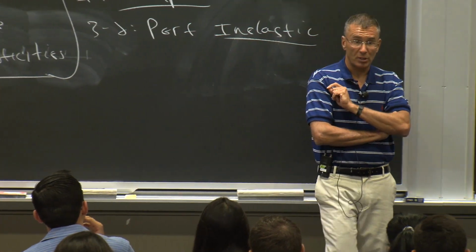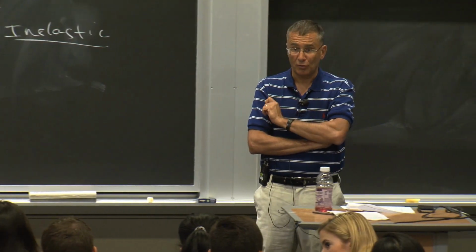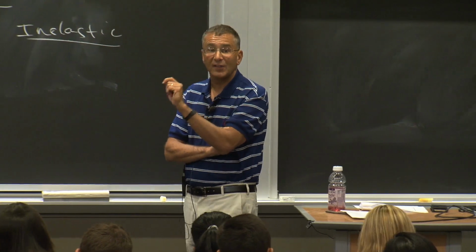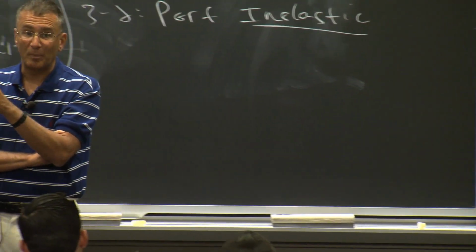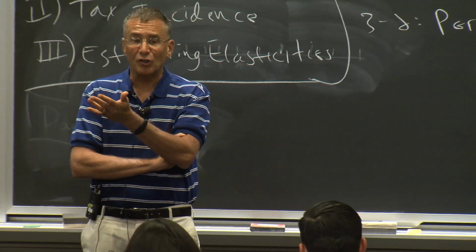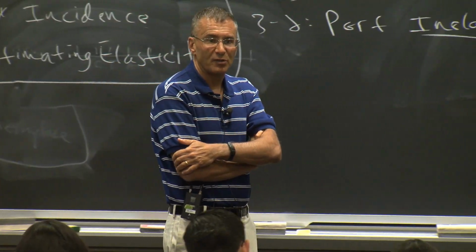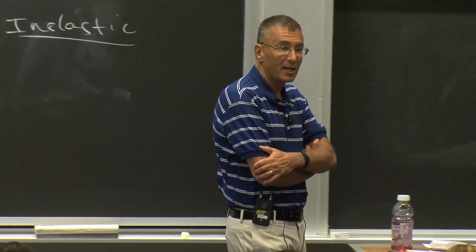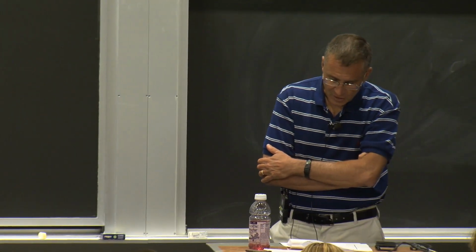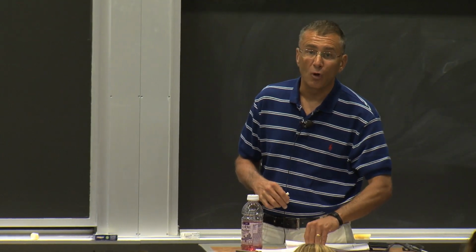There's no substitute. Gasoline is somewhat inelastic because there are not great substitutes, but you can walk or ride a bike. Insulin, there's not a great substitute, because you take it or you die if you're diabetic. So perfectly inelastic demand is going to be something where there's no substitute.